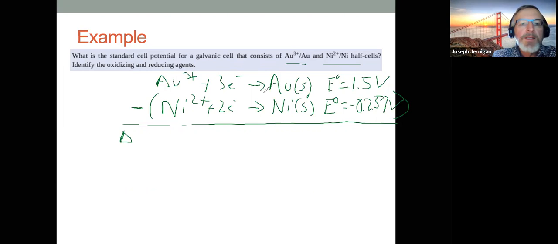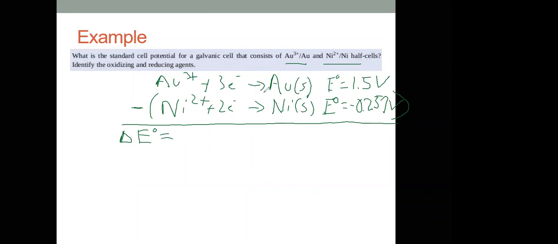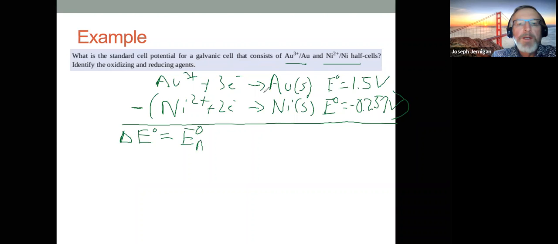So our delta E0, if you will, is equal to the E0 for the gold couple minus the E0 for the nickel couple.